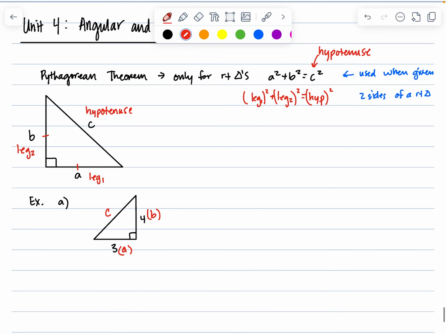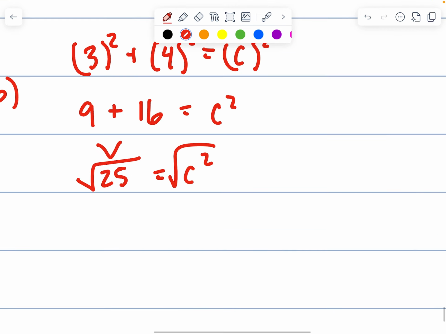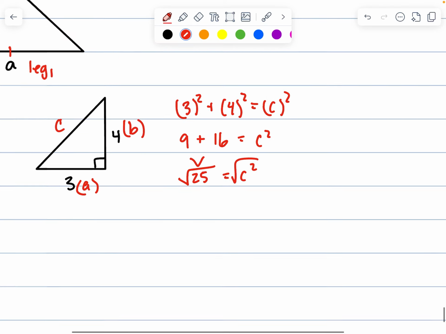So back to this example. A and B are the legs, so we do 3 squared plus 4 squared is equal to c squared. 3 squared is 9, 4 squared is 16, and we get c squared is just c squared. Add these two up to get 25 is equal to c squared. Square root both sides, and typically whenever you square root some value, you get two answers, a positive and a negative.